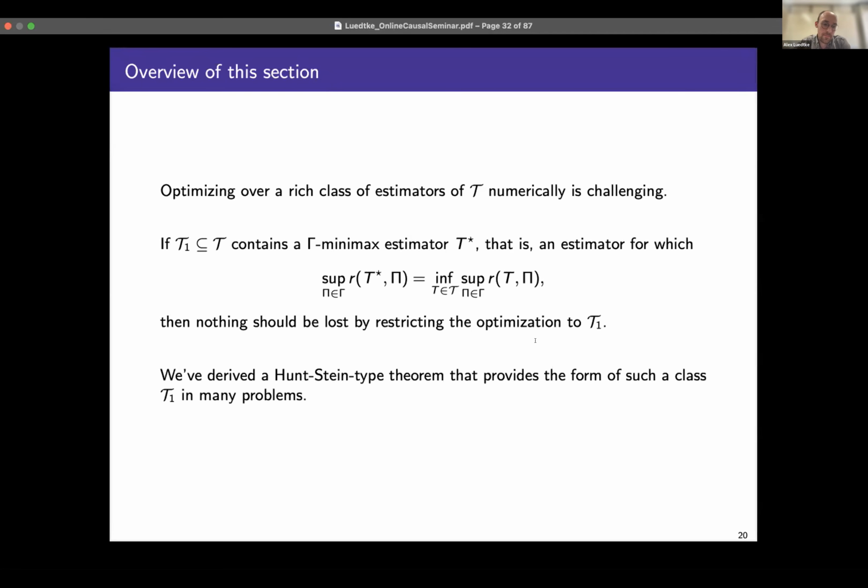Typically in the context of minimax estimation, there are theorems along these lines for identifying classes T1, known as Hunt-Stein theorems, and they can be used to derive the form of a class T1 of estimators. On the next slide, I'm going to show you the theorem. I'm not going to go through every step of it; I'd rather show you visually through examples what the theorem is imposing.